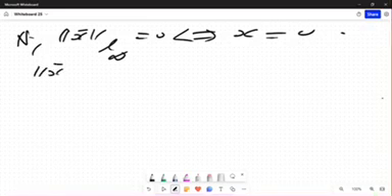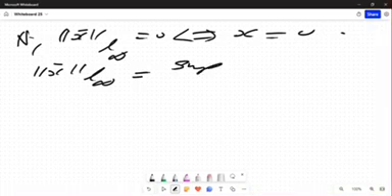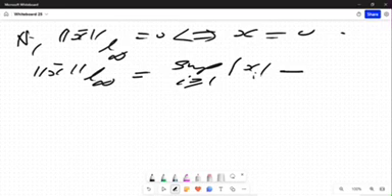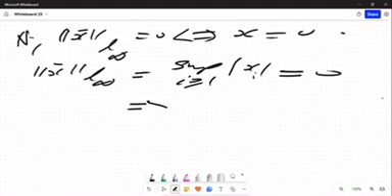But how is the L infinity norm defined? It is defined as the supremum, as i varies between 1 and infinity, of the modulus of all your xi. If this is equal to 0, what's the meaning? The supremum of this is equal to 0. That will happen if and only if xi is 0.